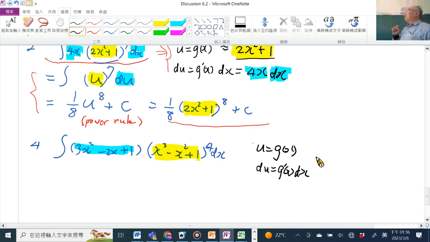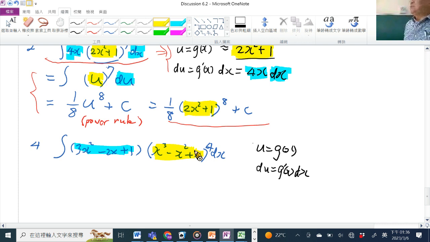The yellow shaded part, x to the power 3. After derivative, we have 3x squared. So we do have that term, right? And the second part, sorry, I believe I am mistaken. This should be the x. So the second term, inside the parentheses, we have x squared with a minus sign in front.